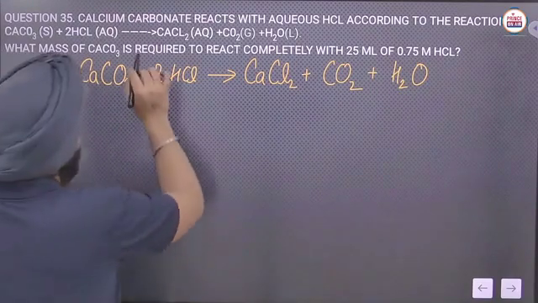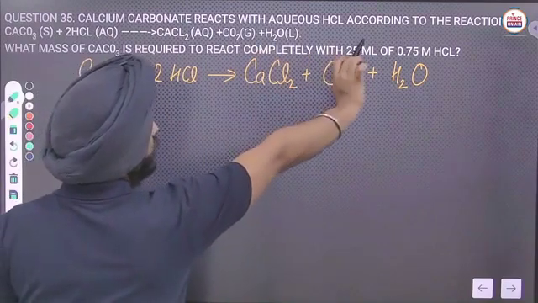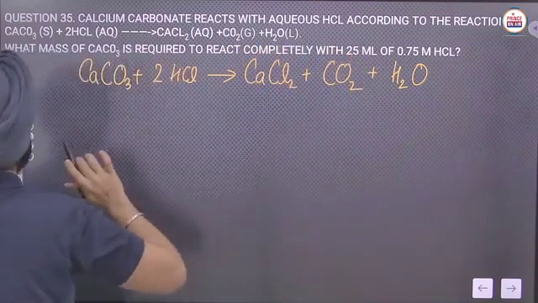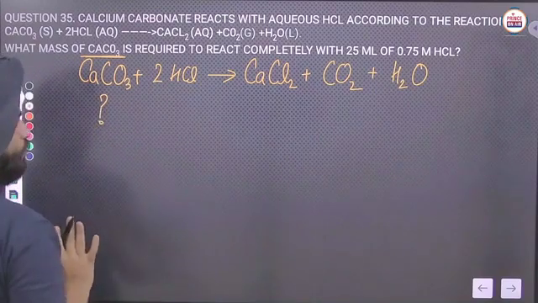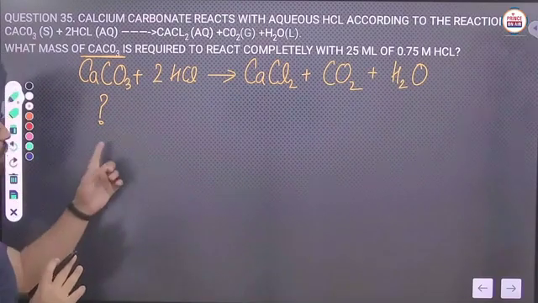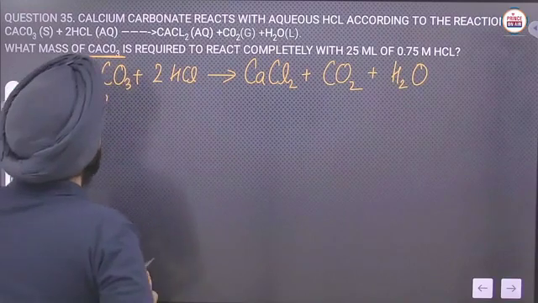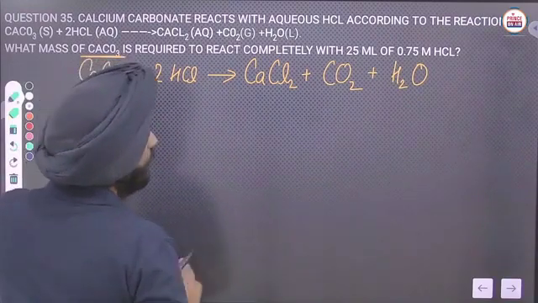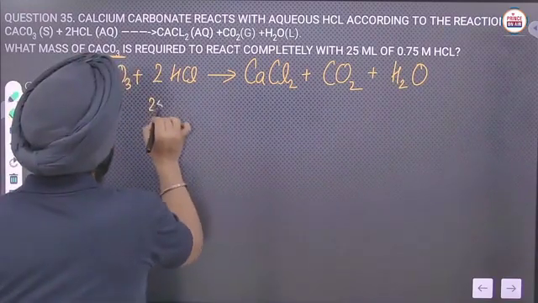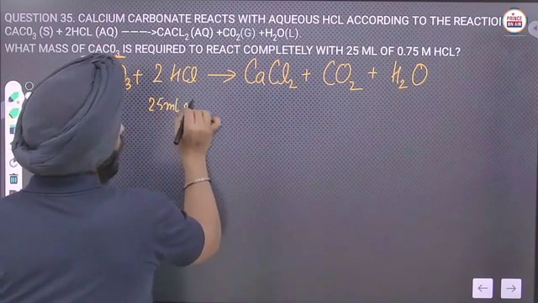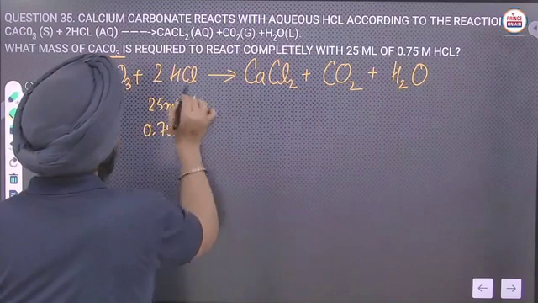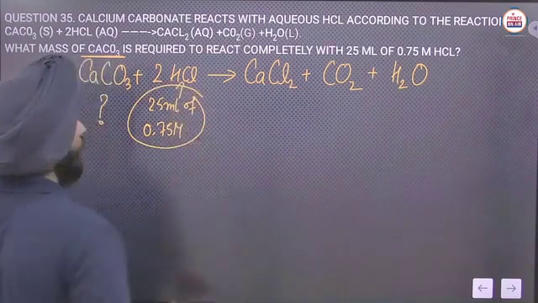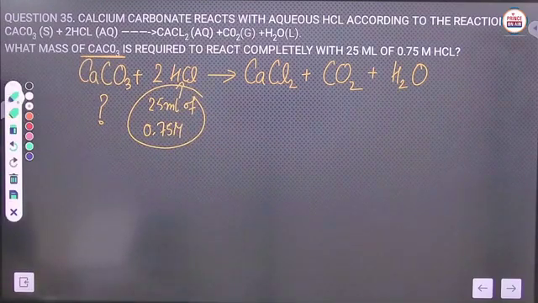Here calcium carbonate reacts with aqueous HCl according to the following reaction. What mass of CaCO3 is required, I am writing the question mark here, to react completely with 25 ml of 0.75 molar HCl. That is given to you.